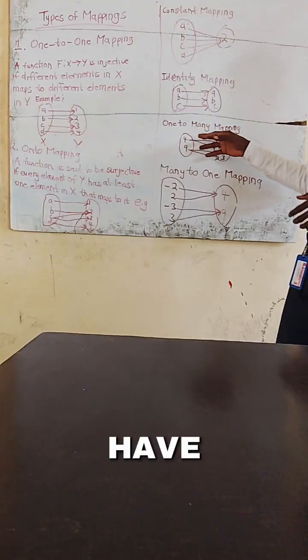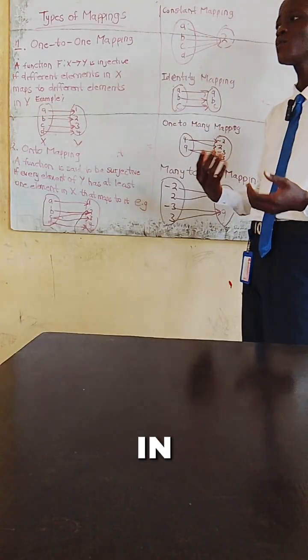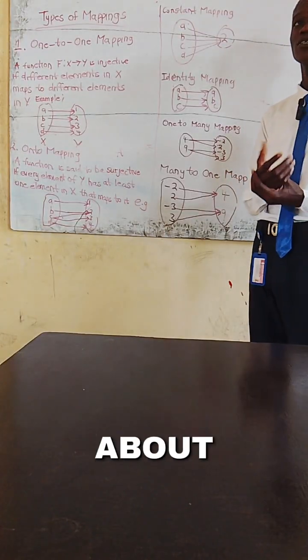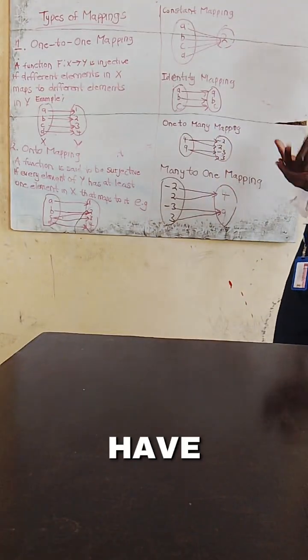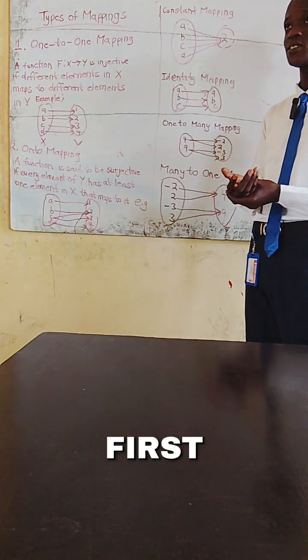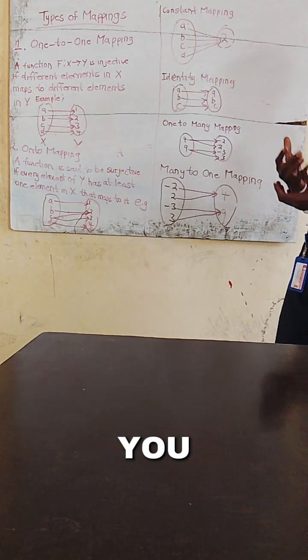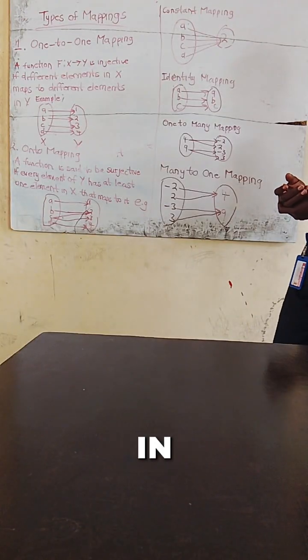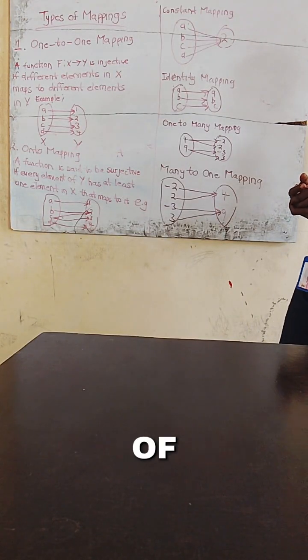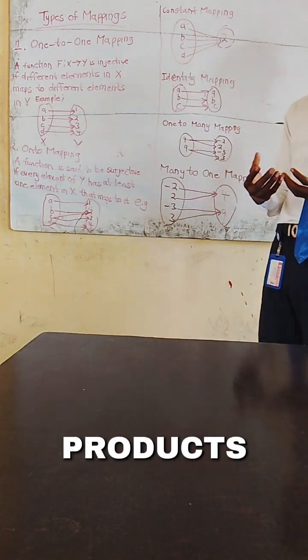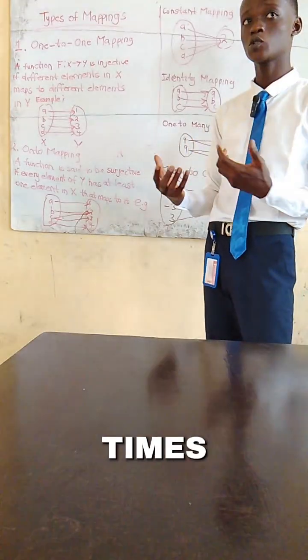Here now we have the one-to-many mapping. Most of you are very conversant with quadratic equations, which you have done in your first year, maybe in the first semester. Take the multiples of 4: what are the products that can give you 4? We have 2 times 2.